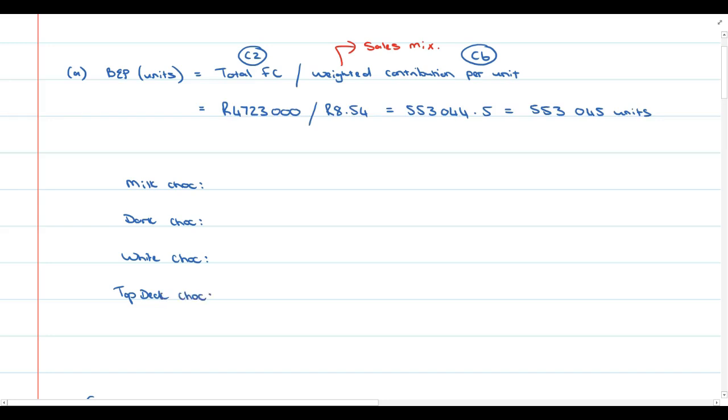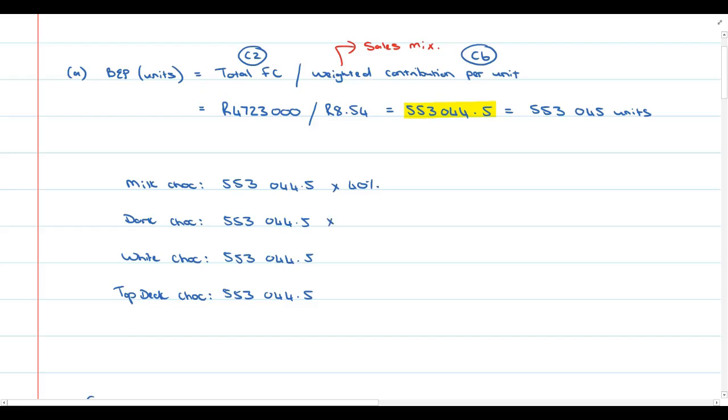Okay, and to make sure that your rounding is correct, when you are performing this calculation, use the amount before you've rounded up to the nearest whole number. Okay, so for milk chocolate, we are going to multiply by 40%.